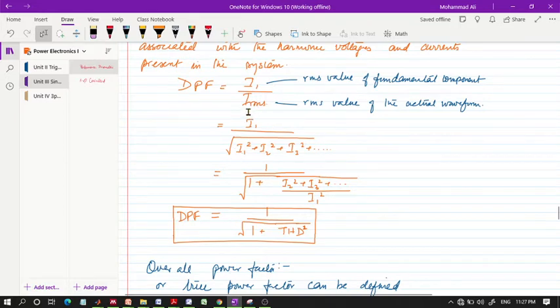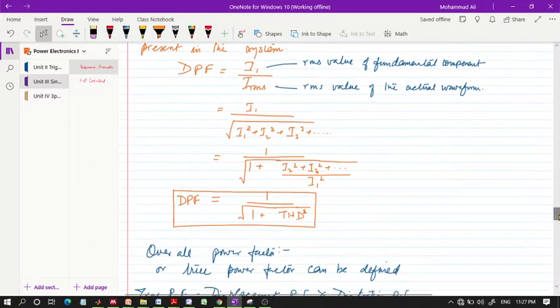We can write the RMS value of the current as the square root of I1 squared plus I2 squared plus I3 squared, and so on. When I take I1 squared outside, I get this term, and I can write the distortion power factor as 1 upon the square root of 1 plus THD squared.